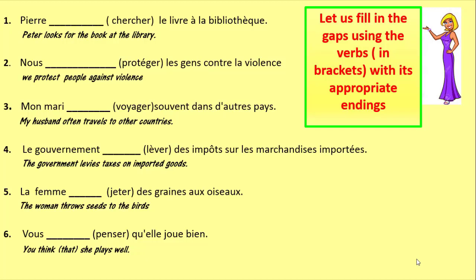The verb to use, penser qu'elle joue bien. So the answer for the first question, Pierre cherche le livre à la bibliothèque. Now you can pause your video here and write down your answers, and we can verify the answers after you finish.